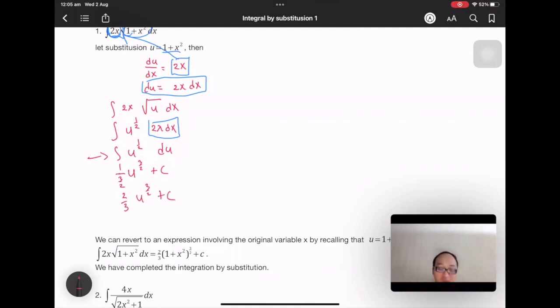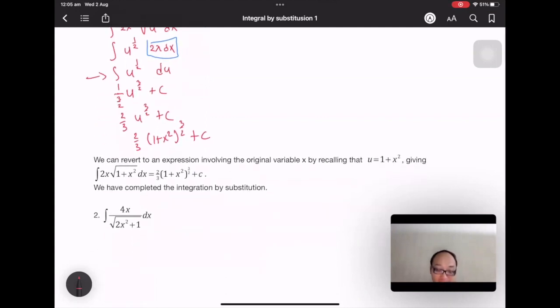And then we change back the u. So 2 over 3, 1 plus x squared to the power of 3 over 2 plus c. So we will have this expression.